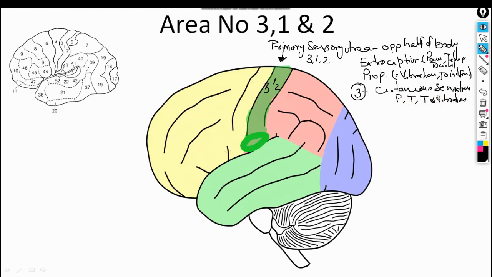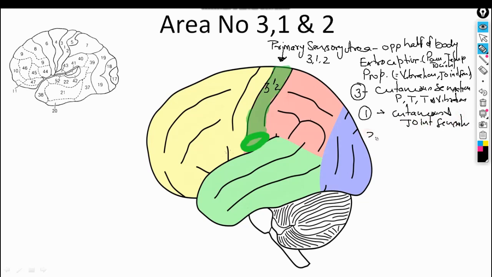This is for the proprioception, vibration from the body. And area number 1 carries cutaneous and joint sensation. Clear? Joint sensation.